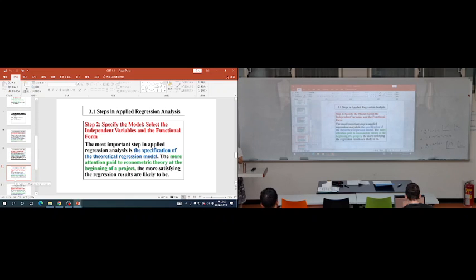Then when you specify the model, we say that the more attention paid to econometric theory at the beginning of the project, the more satisfying the regression results are likely to be. If you think more about the theory and do this thorough thinking, then your regression results are likely to follow your expectation.